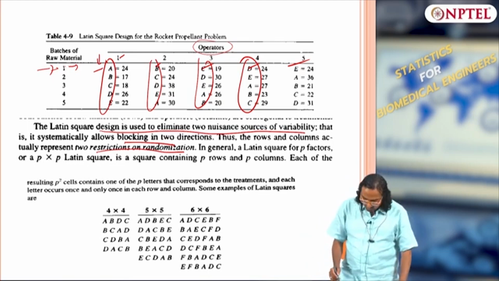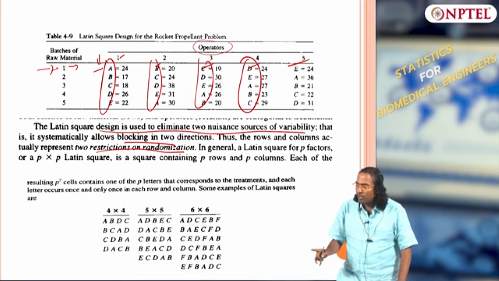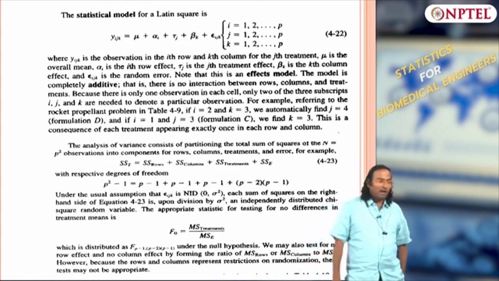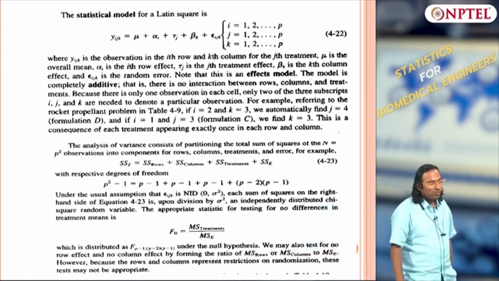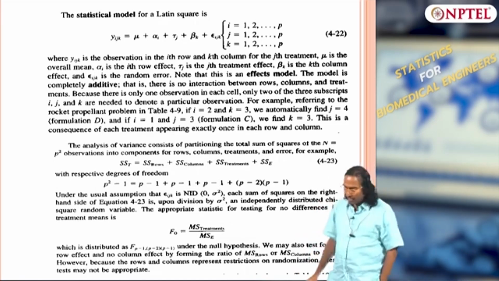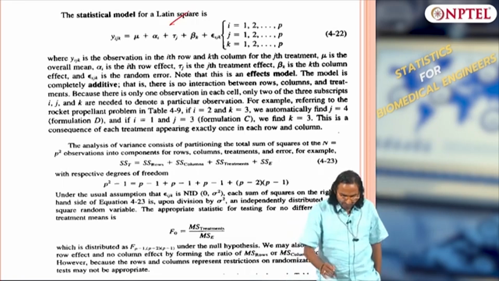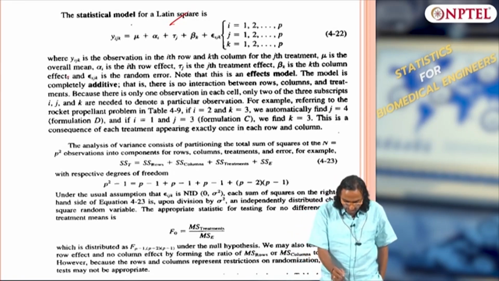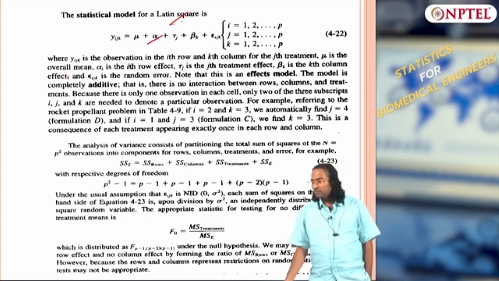Remember, the idea is that every row and column should be exposed to the same number of treatment levels. So now my model has one more factor: alpha, beta, tau and epsilon ijk. You have tau for treatments, beta for the column effect and alpha for the row effect.